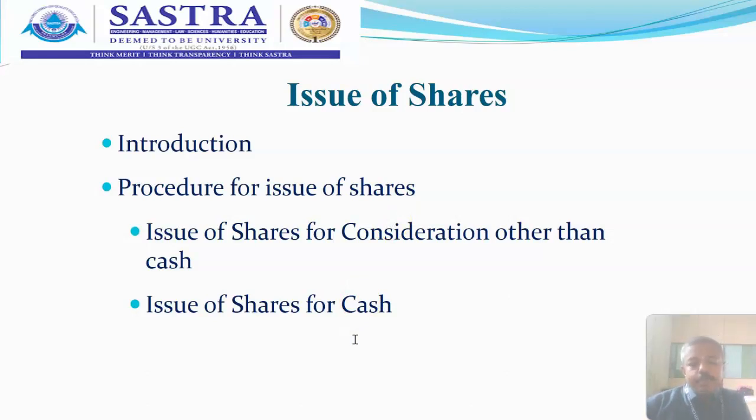Second entry we need to pass: vendor's account or creditor's account, as the case may be, debited to share capital account. So here the issue of shares is fully paid up to the creditors or vendors, as the case may be.